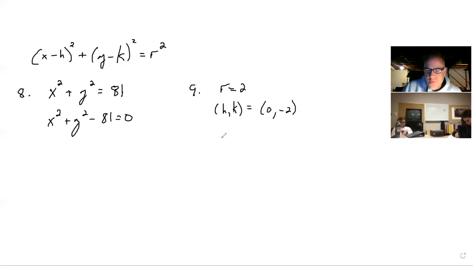So in the standard form, since the x coordinate is 0, you're just going to have x squared plus, and I didn't mean to write x, that was supposed to be y, quantity y plus 2 squared, and the radius was 2, so 2 squared would be 4.